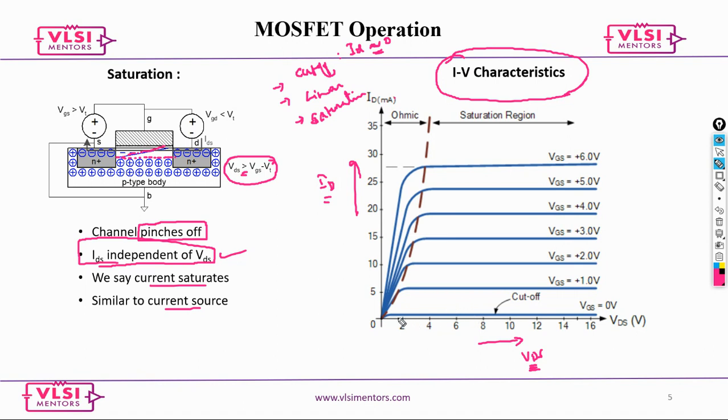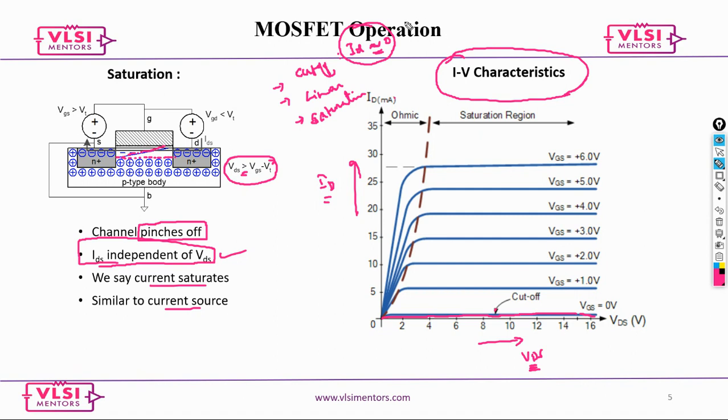Now cutoff. Irrespective of the scenario, in cutoff your ID is going to be zero. This is the area we call cutoff. Looking at this particular equation, it is zero, but it will not be completely zero.